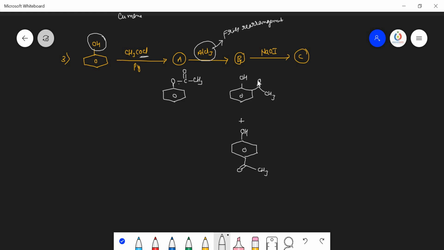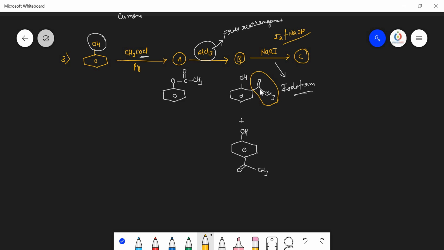This particular molecule reacts with NaOI, and this is like the haloform reaction of chloroform. I'll write iodoform, actually iodine is there, no? So it is the iodoform reaction. In the iodoform reaction, molecules having the CH3CO group can react with NaOI, or else you can write I2 plus NaOH.